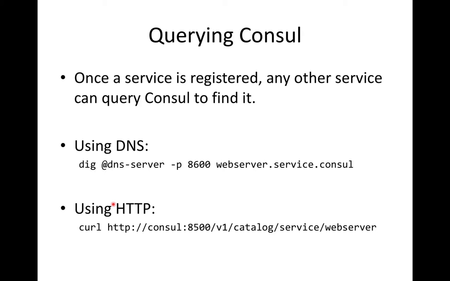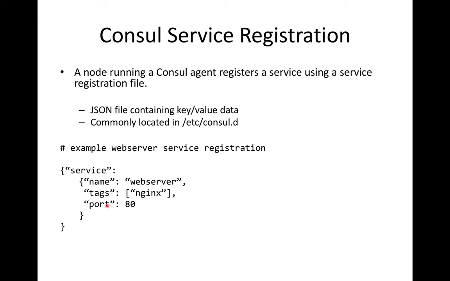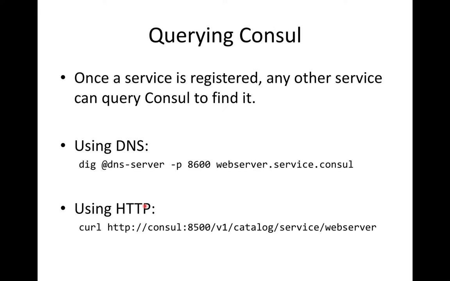Once we've registered our services with Consul, other services in the environment can query Consul to find our new service. For example, if you look back at this JSON configuration file, we're registering a new service called web server. We're giving it a tag called Nginx, and we are registering it on port 80.